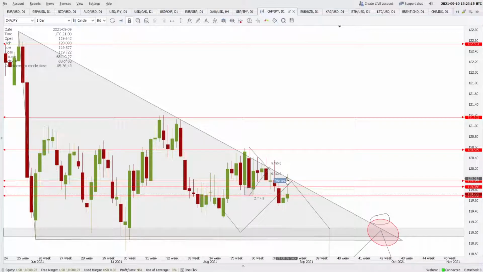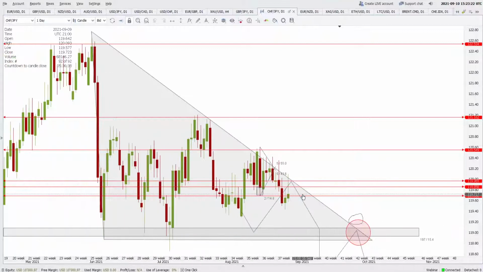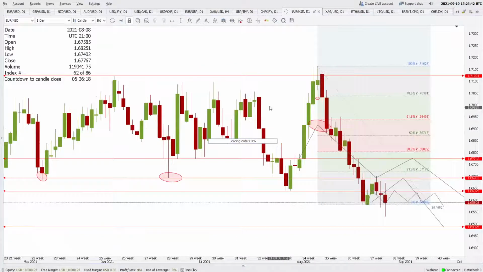So it is almost 50 points of range where the price is moving in CHFJPY. Not worth trading, but worth observing how beautifully these lines are respected on the daily charts. So nothing on CHFJPY actually worth trading.